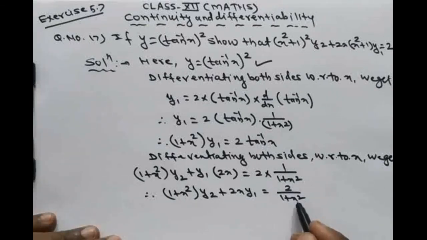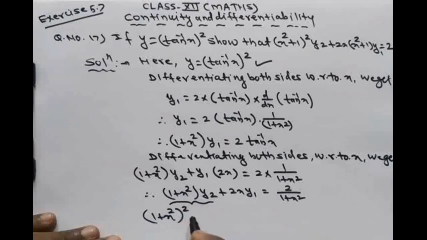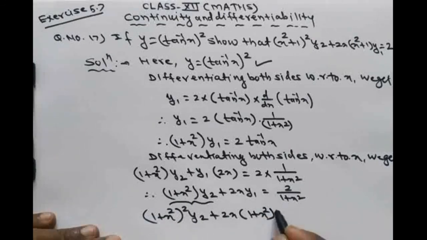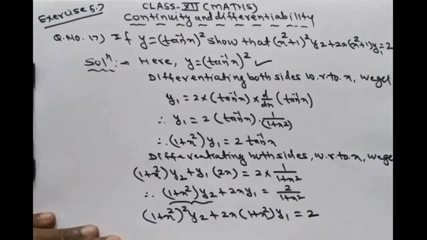Now you multiply 1 plus x² to left hand side. So this term into 1 plus x² means (1 plus x²) whole square into y2, plus 2x y1 into this 1 plus x², so 2x (1 plus x²) into y1. Okay, so you get here 2.